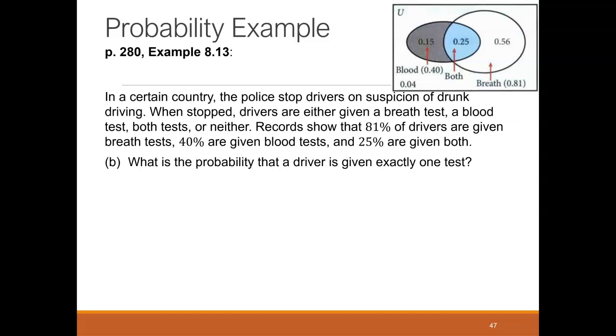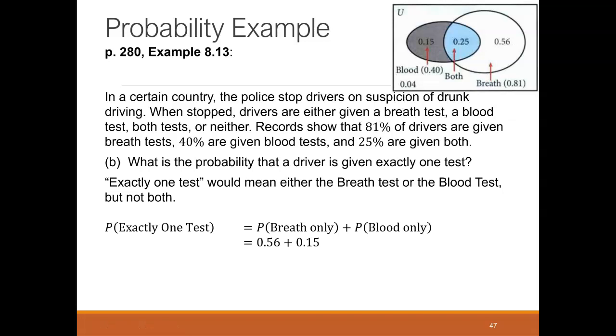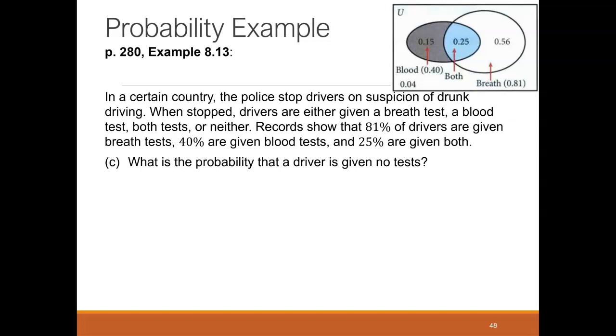All right. Part B says, what is the probability that the driver is given exactly one test? So that would be blood only or breath only. So 0.15 and 0.56. I'll just add those together. So far, so good. The probability of given no test is, yep.